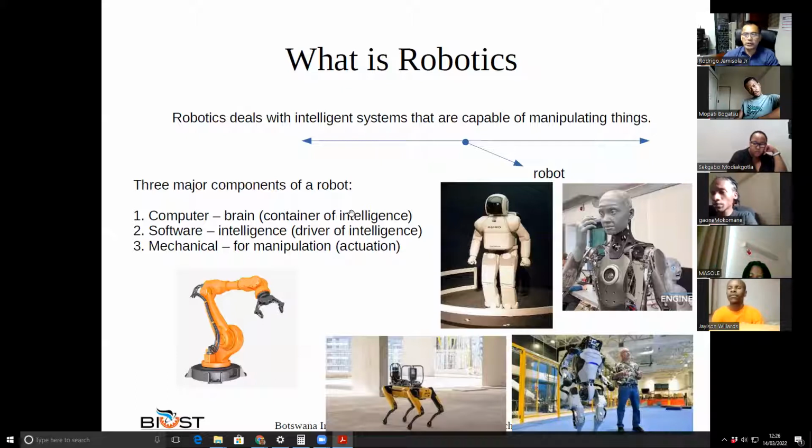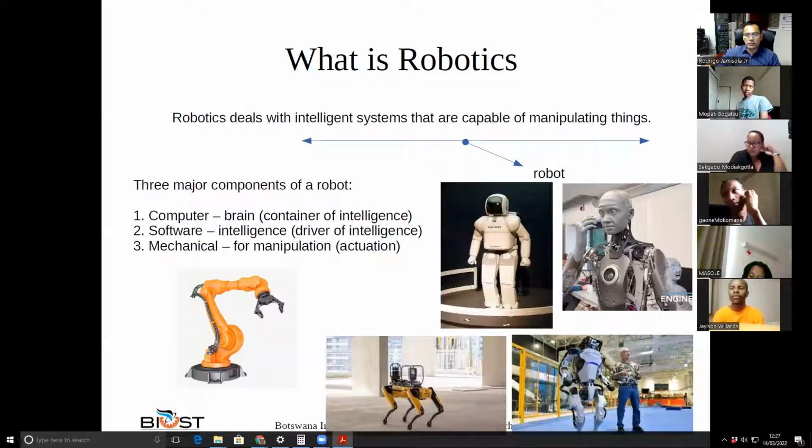So there are three major components of a robot: computer, software, and mechanical. These three components are unique to robotics. There are robots that are crawlers or software robots that will crawl keywords on the internet and collect them into a database for searching.